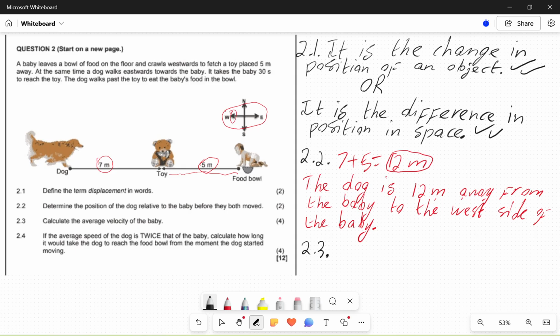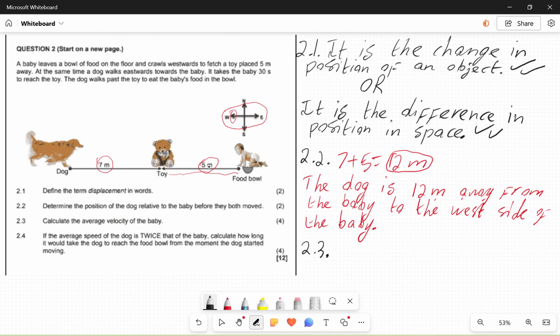If we go back to the statement, we were told that our baby will leave a bowl of food on the floor and crawls westwards to fetch a toy placed 5 meters away. So it means that our baby will travel for 5 meters basically. So their displacement will be 5 meters.